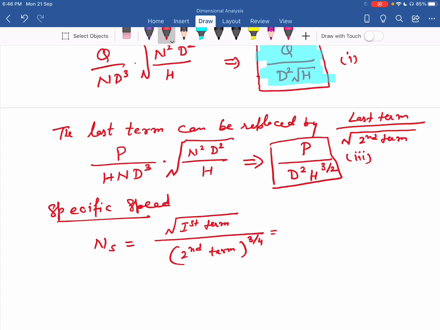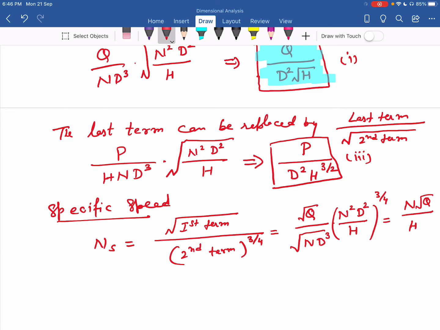This comes out to be Q under root of N D cube into N square D square upon H raised to power 3 by 4. So this becomes equal to N under root of Q, H raised to power 3 by 4.